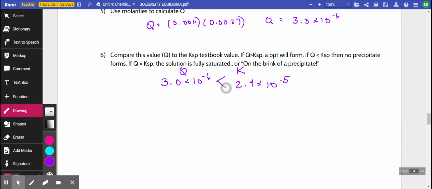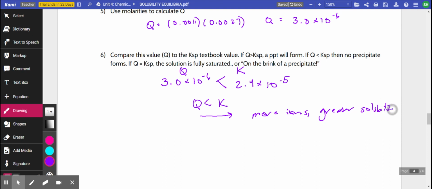Q is smaller than K, so the reaction is going to proceed forward, which means more ions, greater solubility, which means there is no precipitate, because there will be more ions and less solid. So that would be no precipitation.